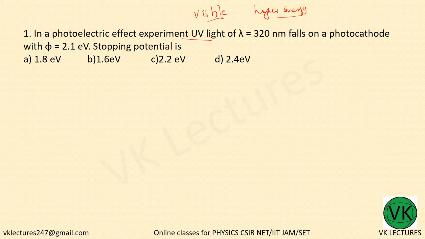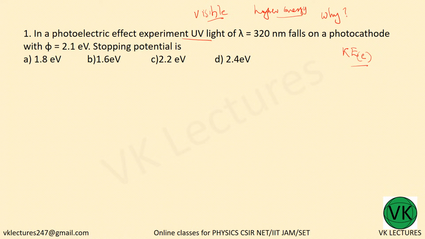Why is the question. Why are higher energies like X-rays and gamma rays not used? Just think about this problem in terms of the kinetic energy of the electron. What will happen to the kinetic energy when higher frequency or higher energy waves are used? Then you will come to know the reason.